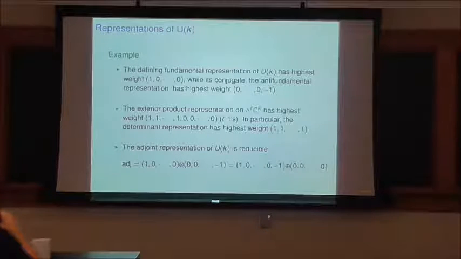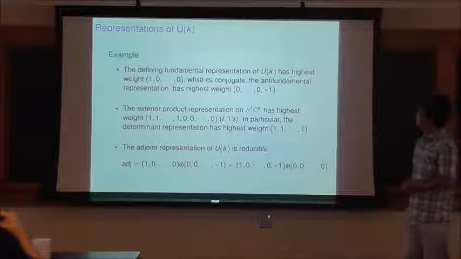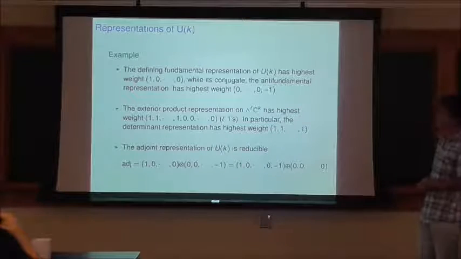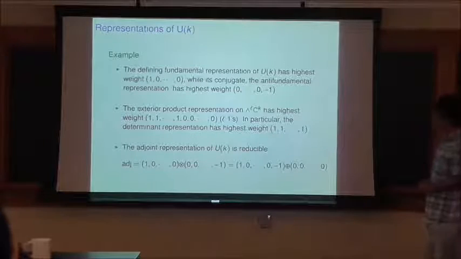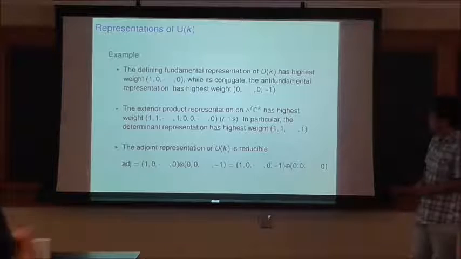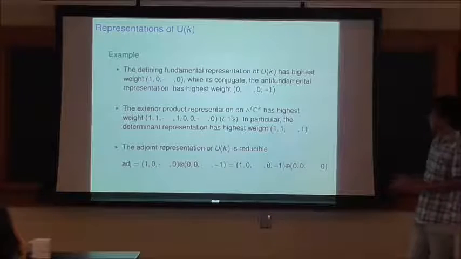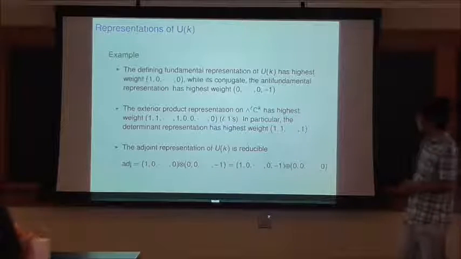So here are a bunch of examples. First of all, the fundamental defining representation of UK has highest weight with the first entry 1 and then 0 in all the other places. And its conjugate, the anti-fundamental representation, is given by 0 all over the place with -1 at the last entry. And then you can consider the representation on the exterior power of CK. And this has highest weight with L 1s, and all the other zeros. In particular, this one is interesting.